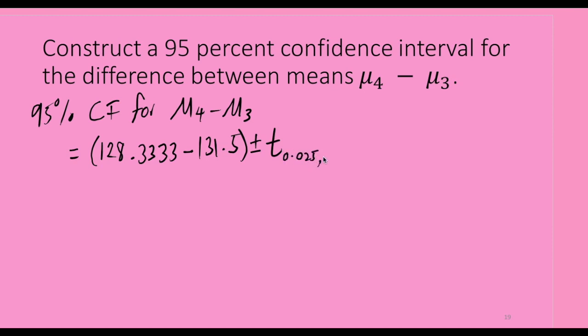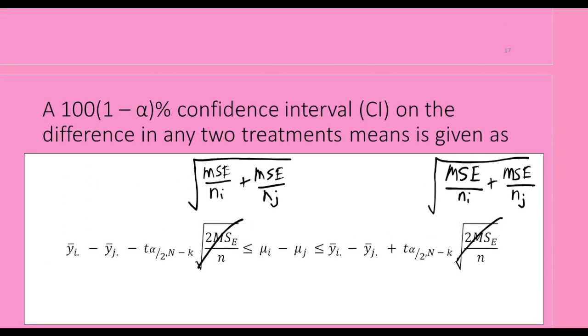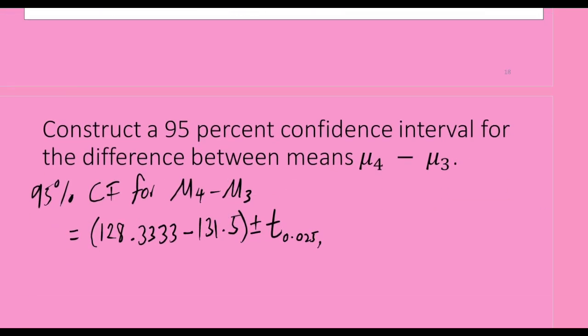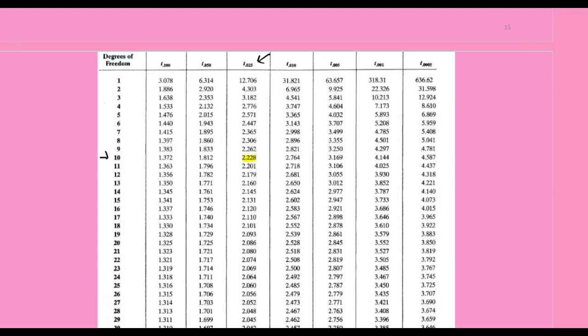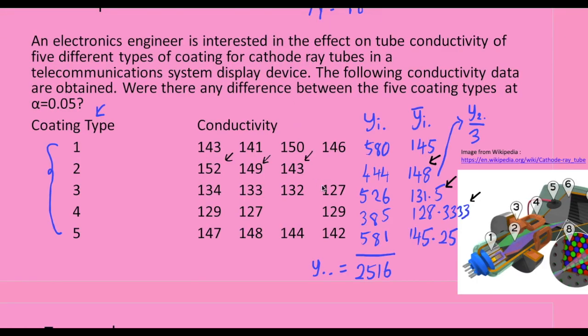0.025. How do we calculate the degrees of freedom, class? It's N minus k. So this 18 minus k, which is 5, will be 13. And remember, it is square root of MSE. And we have our MSE as 10.9551 over N4. So what is N4? N4 is 3 and N3 is 4.